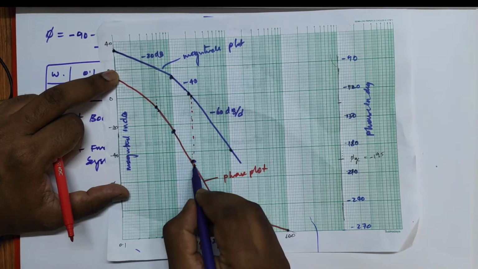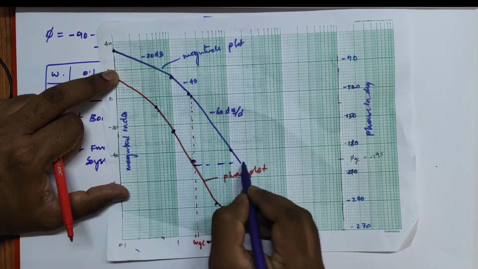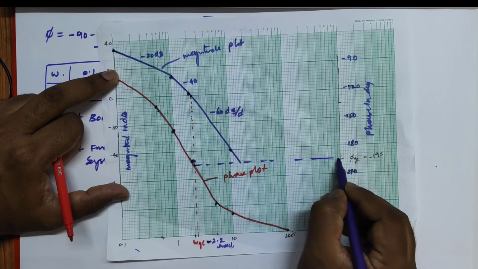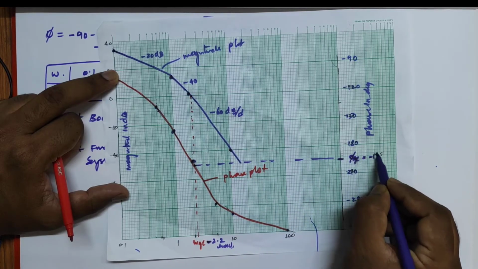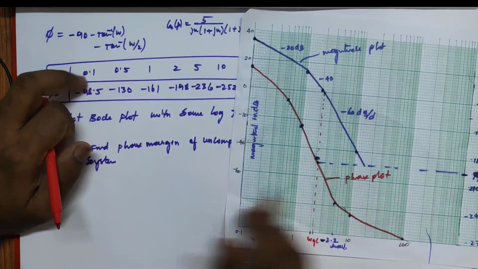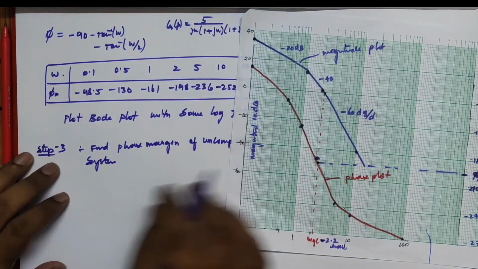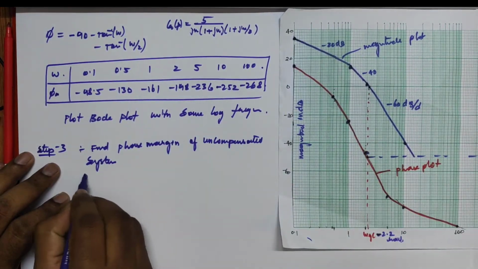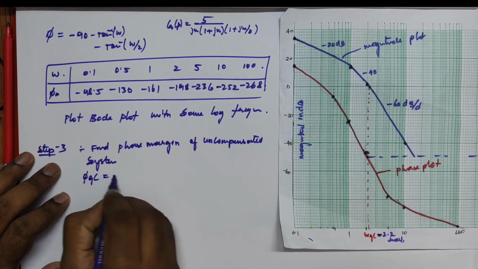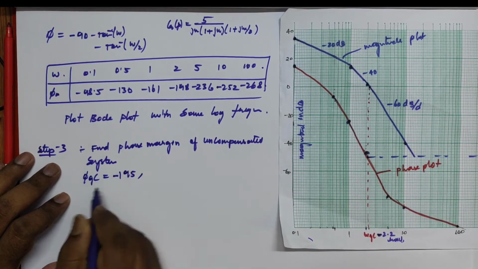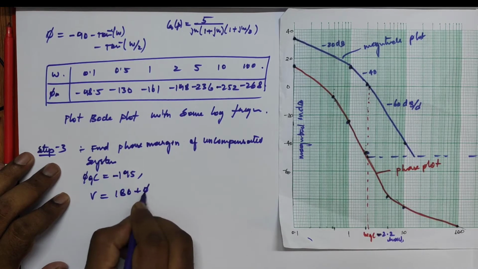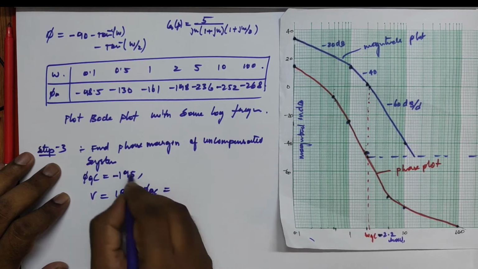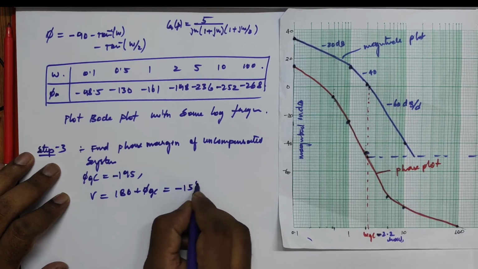For that I got phase φ_gc equal to -195. For the phase margin of the uncompensated system, the formula is 180 plus φ_gc. After substituting this, I got -15 degrees.